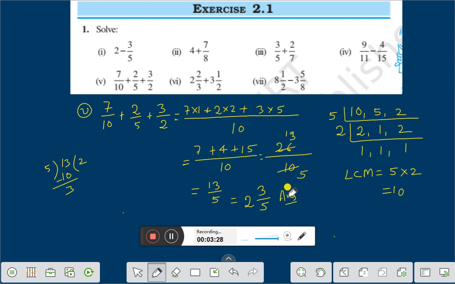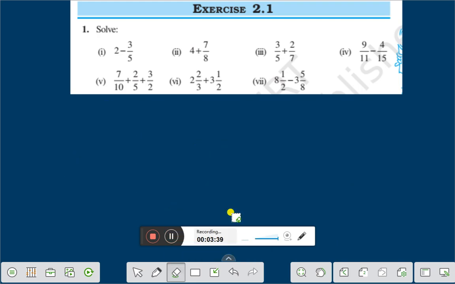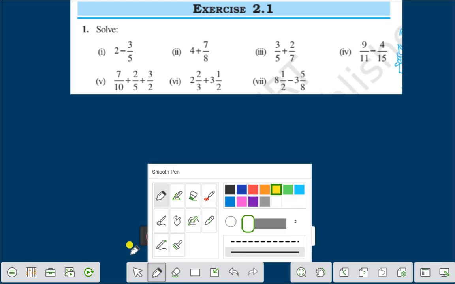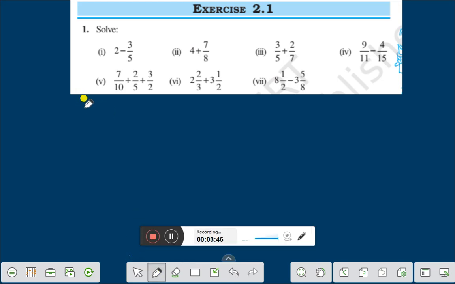Now we solve question number 6. Question number 6 is 2 whole 2 by 3 plus 3 whole 1 by 2.